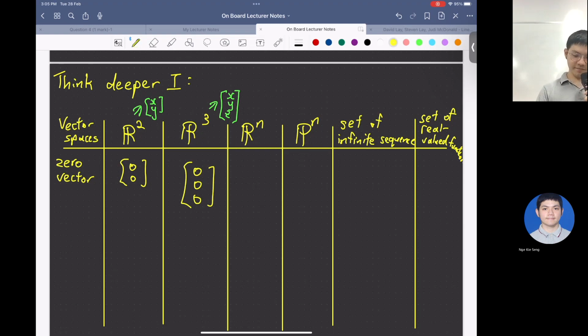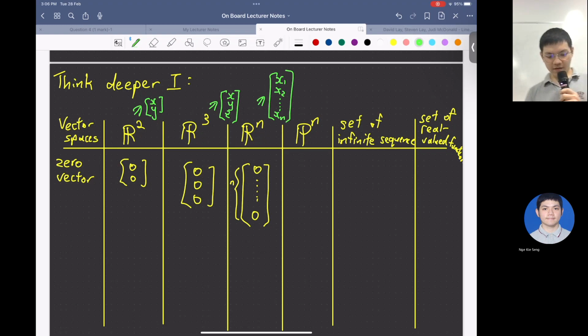Rn, n 0s. So in Rn, in general, you will write x1, x2, up to xn. How about Pn? Pn are the polynomials that have degree at most n.